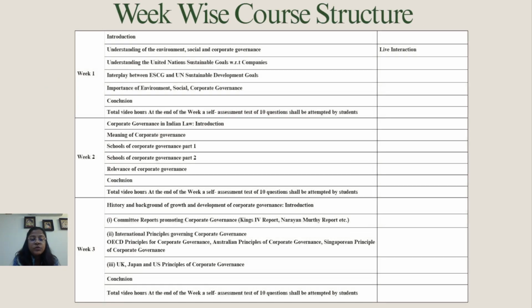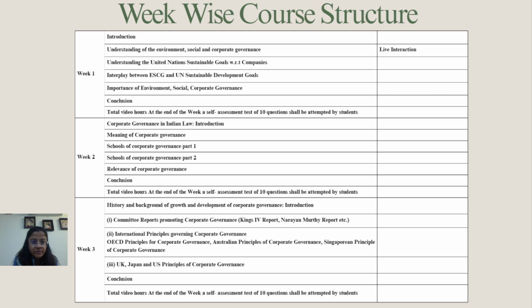For the purposes of convenience, I have extracted the week-wise course structure. So week one, we begin with understanding the environment, social, corporate governance. In week two, we look at corporate governance. We are going to dedicate weeks two and three to corporate governance, understanding both the national and the international levels.